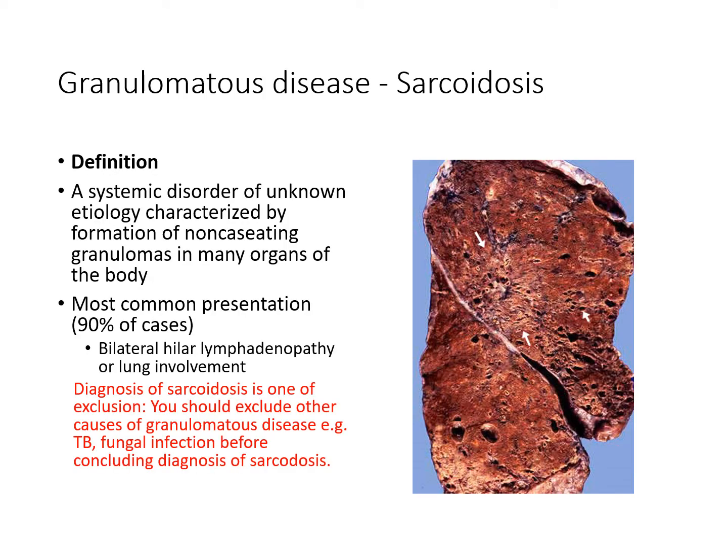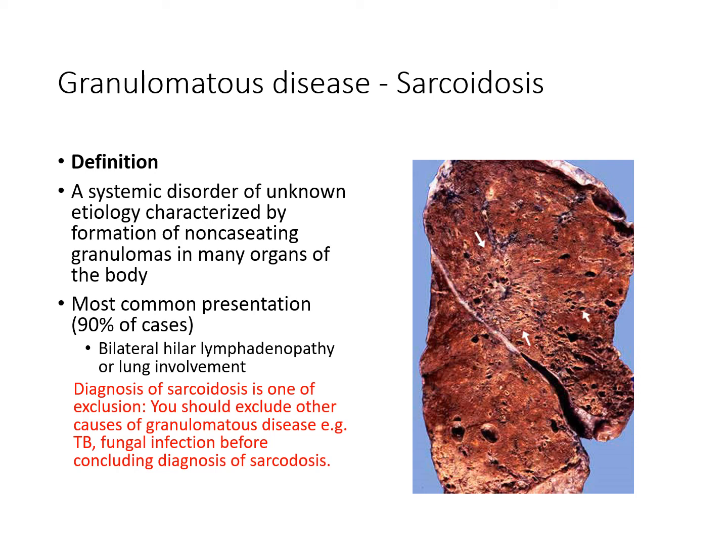Now we move to another type of disease, which is granulomatous disease or sarcoidosis. Sarcoidosis is a systemic disorder of unknown etiology characterized by formation of non-caseating granulomas in many organs of the body.